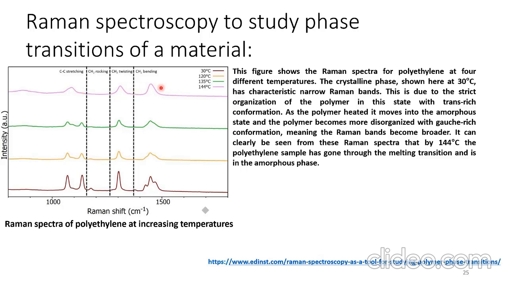That shows which functional group is getting involved after heating. What are the changes in the functional groups in the material? Those kinds of things can be checked with the help of Raman.